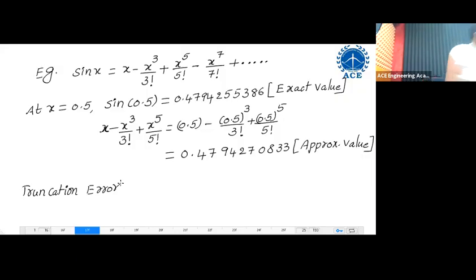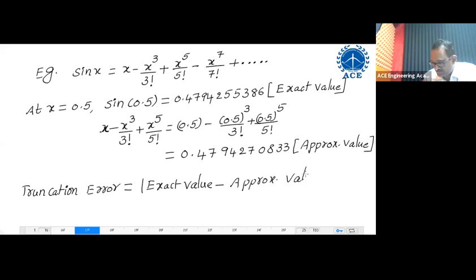Remember, error means exact value minus approximate value. Truncation error is also exact value minus approximate value. But how has this error been generated?